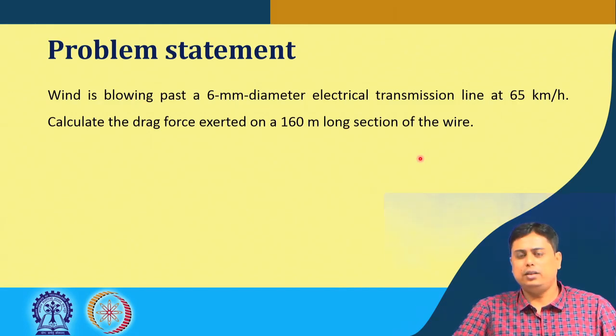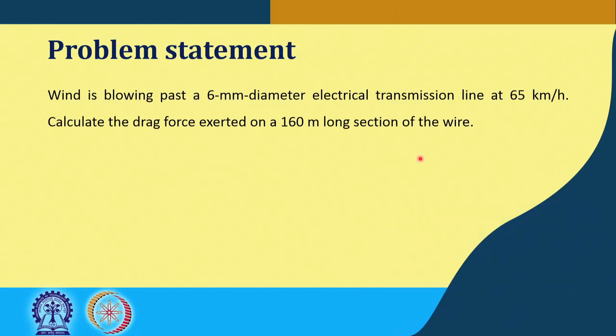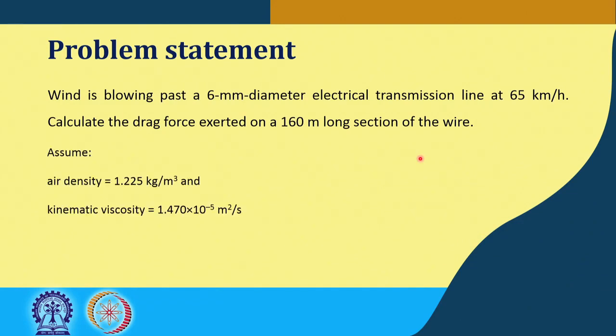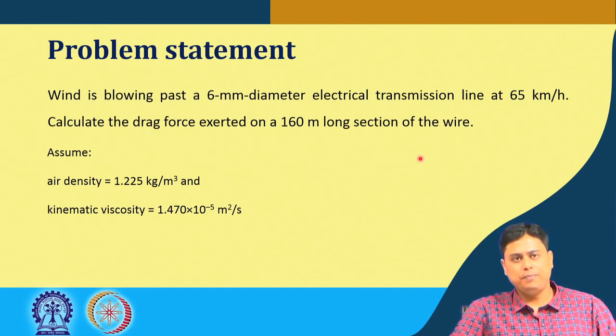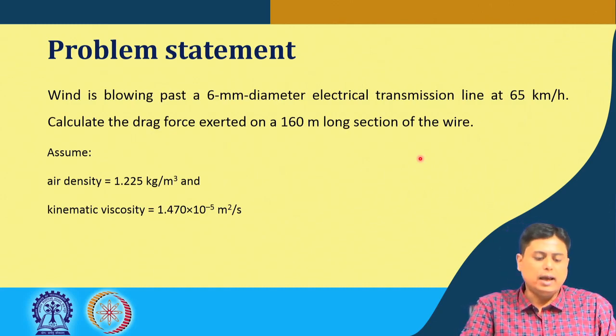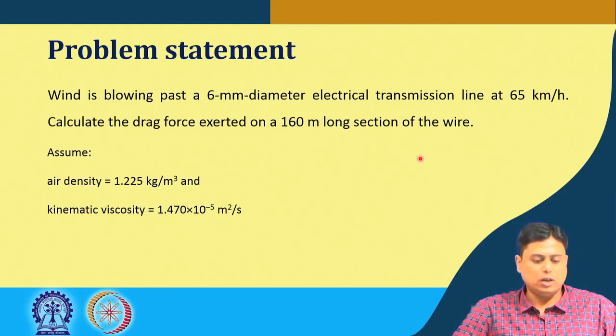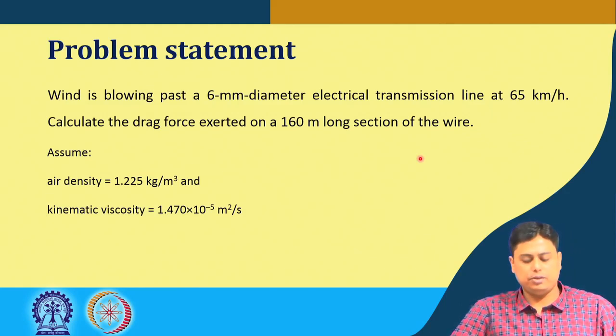Let us say that is the distance between two poles of this electrical transmission line. Here you can assume that the air density at that particular temperature or condition is 1.22 kg per meter cube and the kinematic viscosity has such value, 1.47 into the power minus 5 meters square per second.